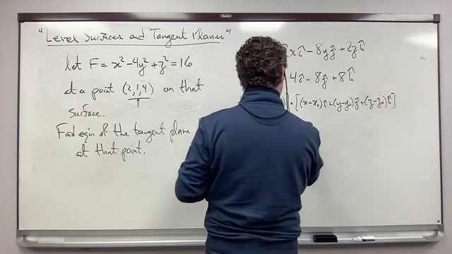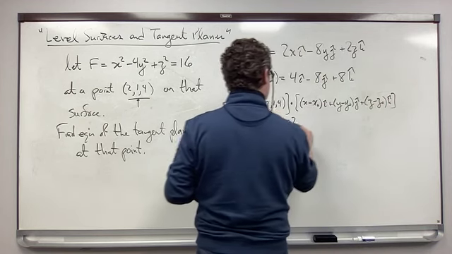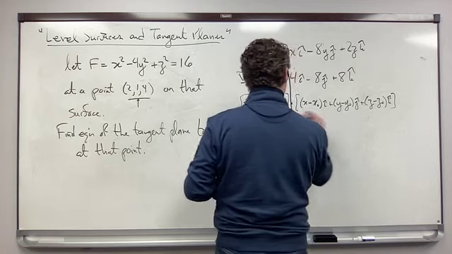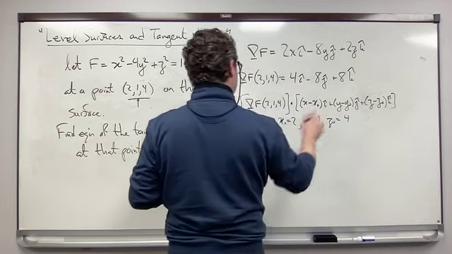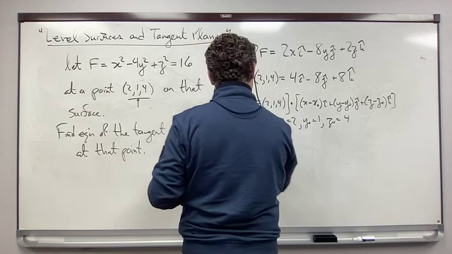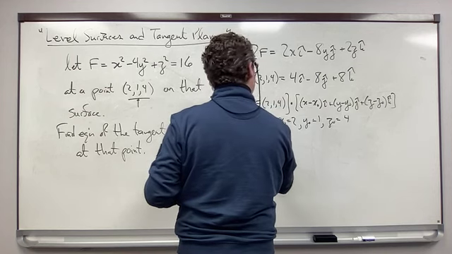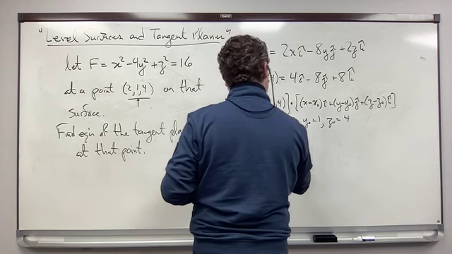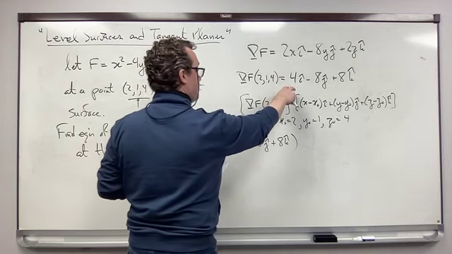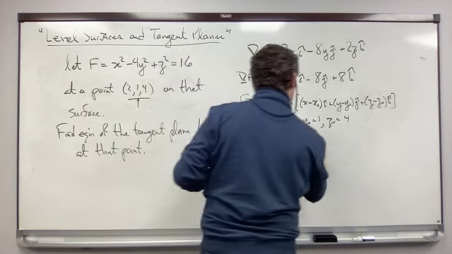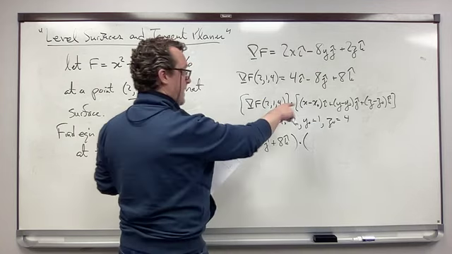Except now x naught equals 2, y naught equals 1, z naught equals 4. So the general equation then is I take this guy, so I have 4i minus 8j plus 8k. That's the gradient at that point as a vector, dot x minus x naught.